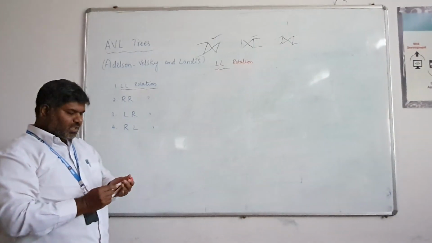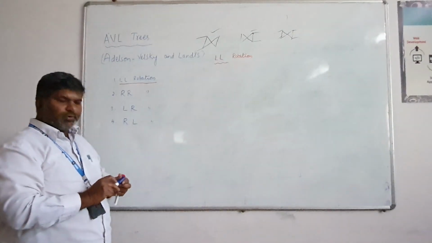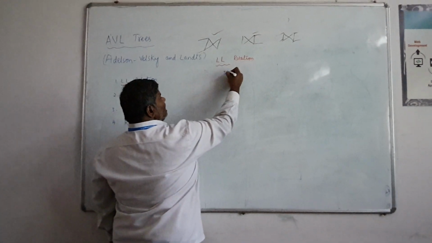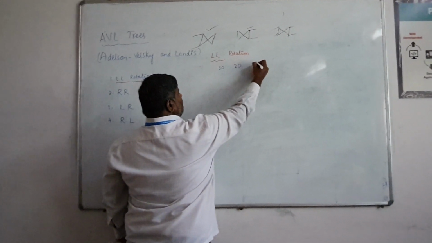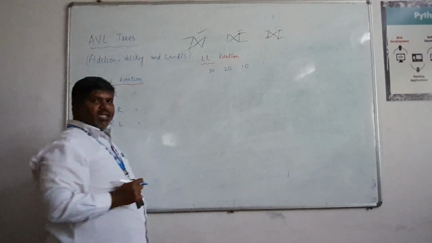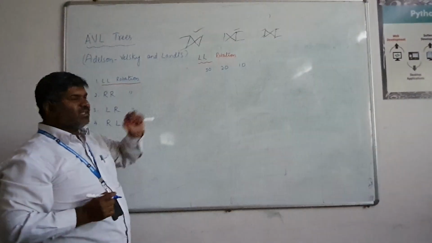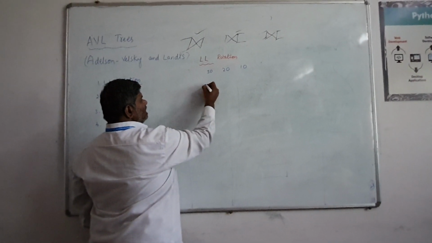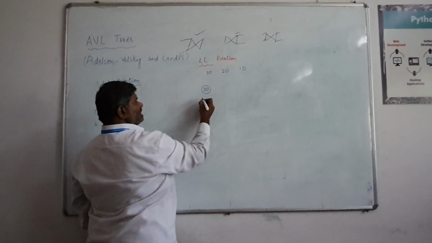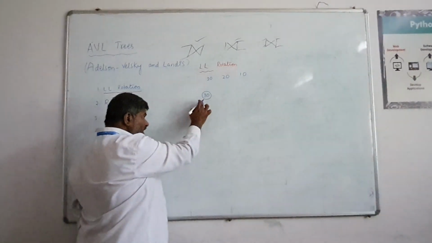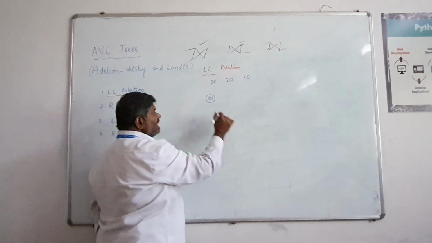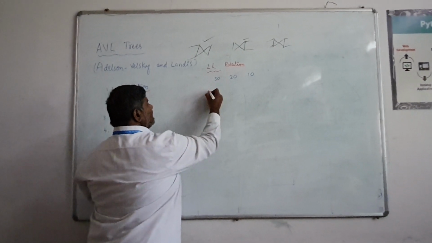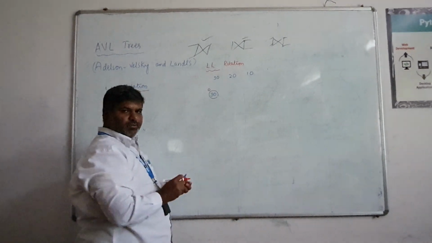Let us see LL rotation with an example. Assume that we have the elements 30, 20 and 10, and I want to construct an AVL tree with these elements. The first element is the root element, 30. For this 30, the left side height is 0 and the right side height is also 0, so the balancing factor for 30 is 0.